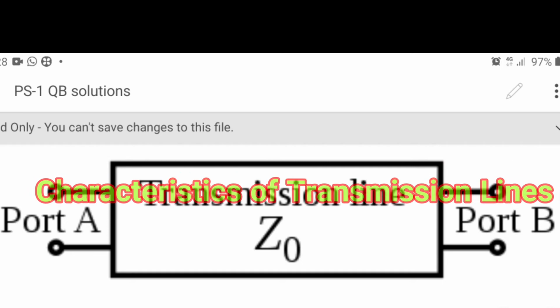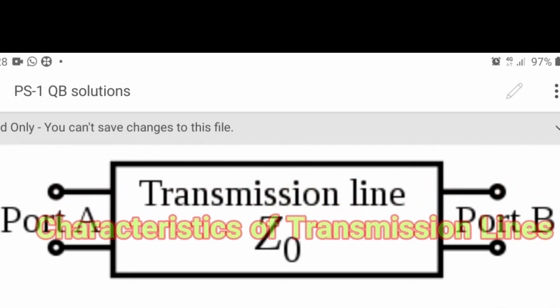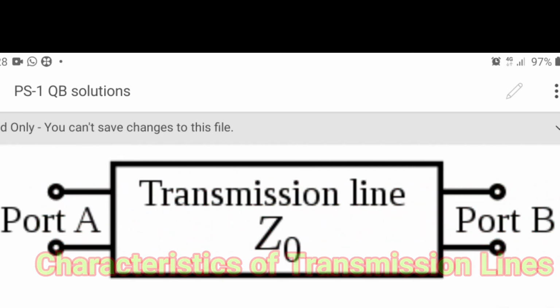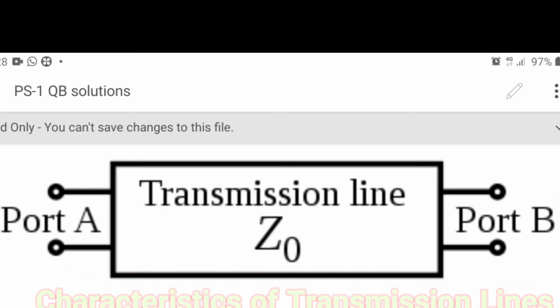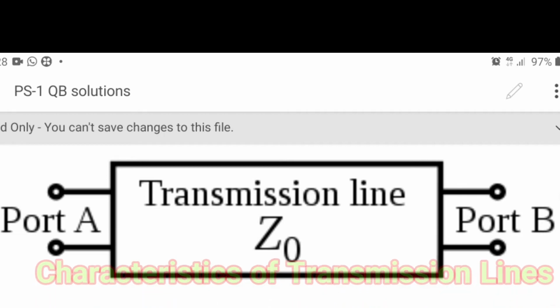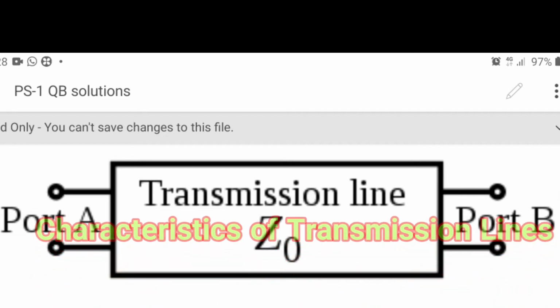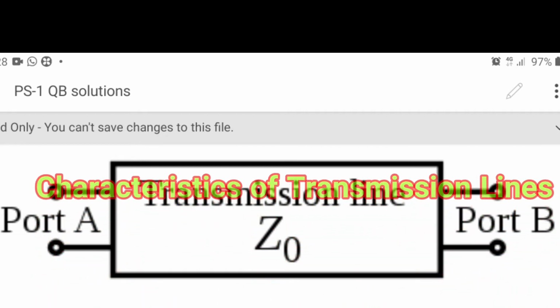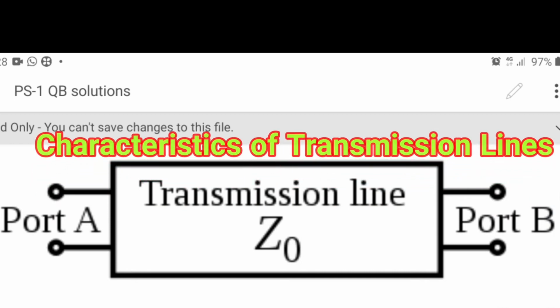called the characteristic impedance, symbol capital Z suffix 0. This is the ratio of the complex voltage of a given wave to the complex current of the same wave at any point on the line.